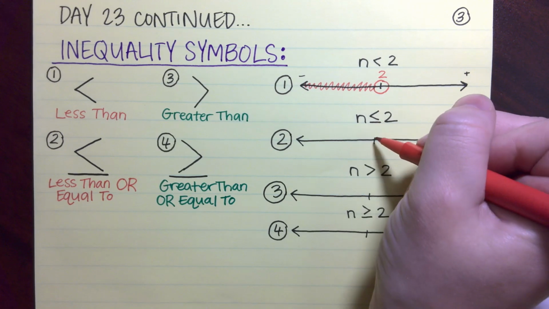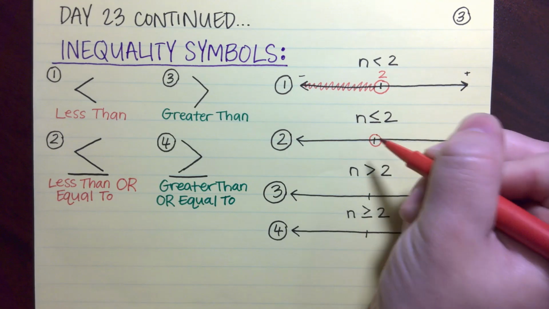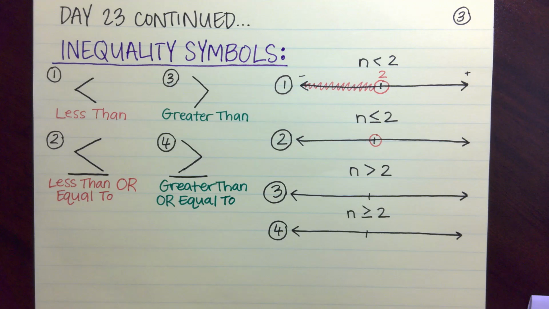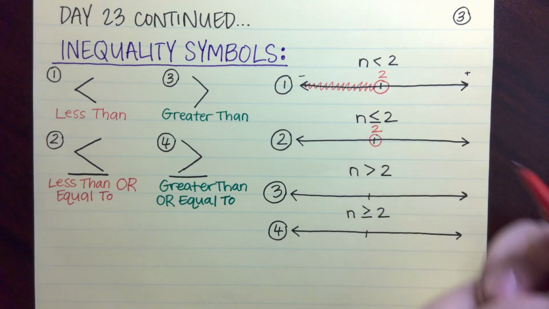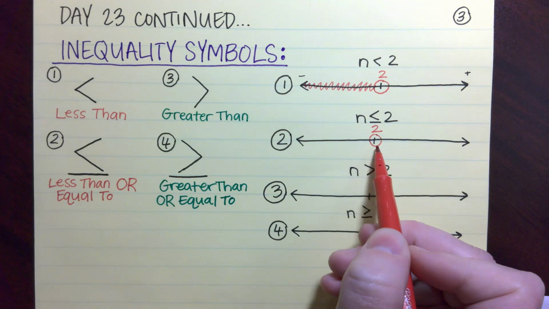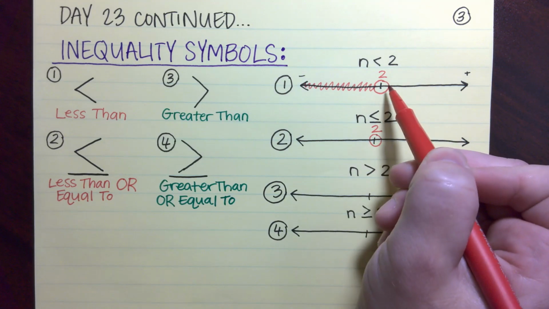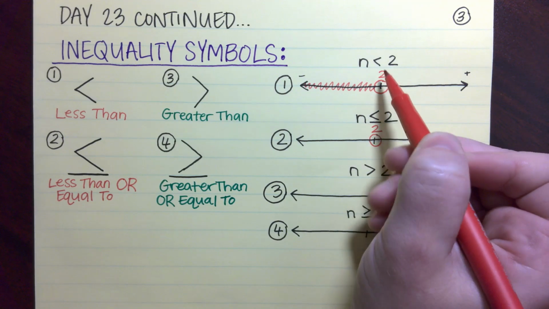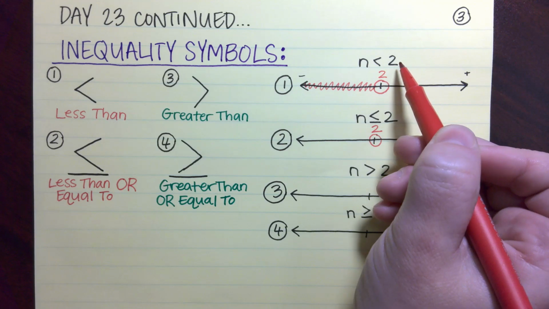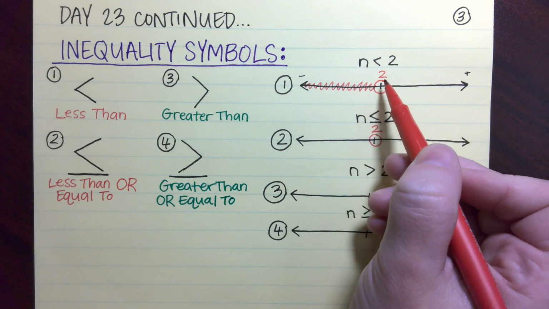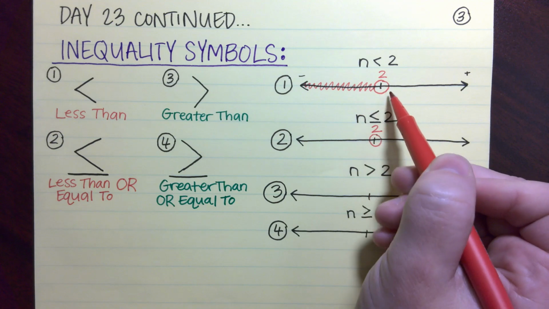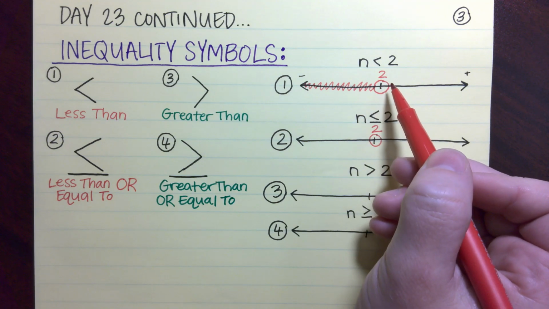Yeah, we still want to circle this. And what number should go above here? 2, absolutely. We're still comparing to 2. The only difference is in this example, number 1, we know n is less than 2. So n cannot be 2. So we keep our circle open to show that 2 is not included.